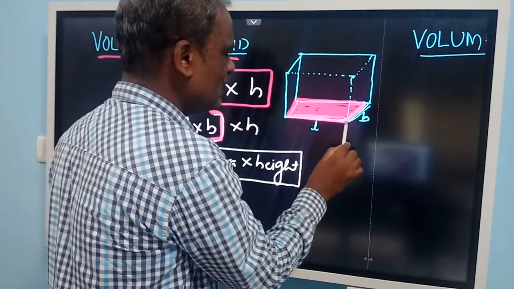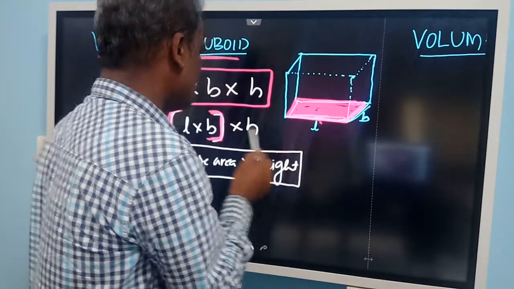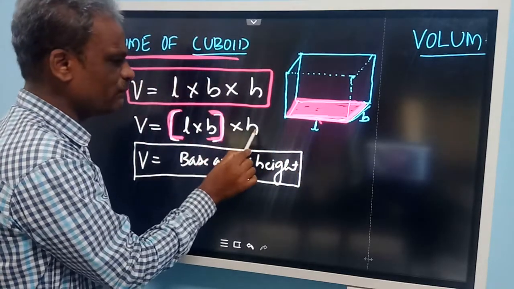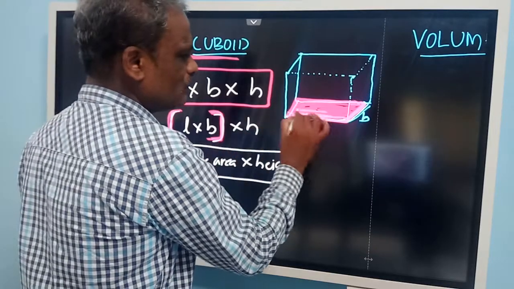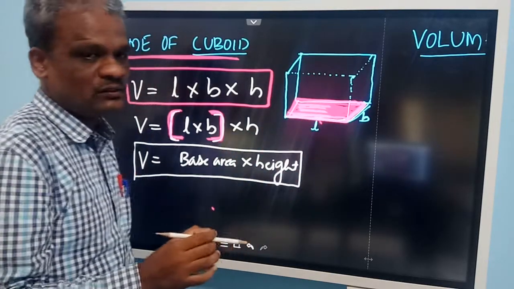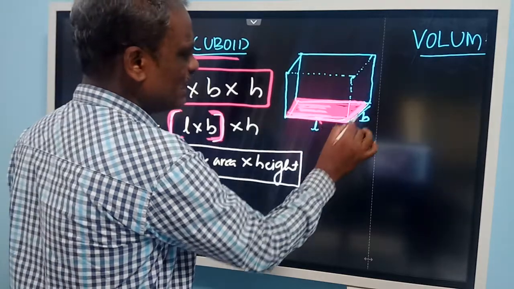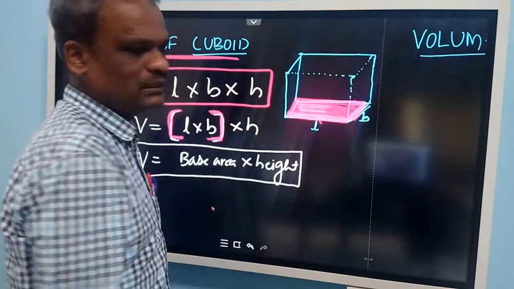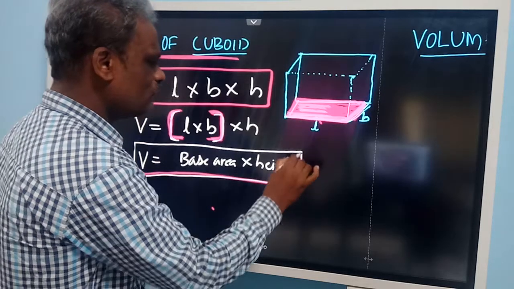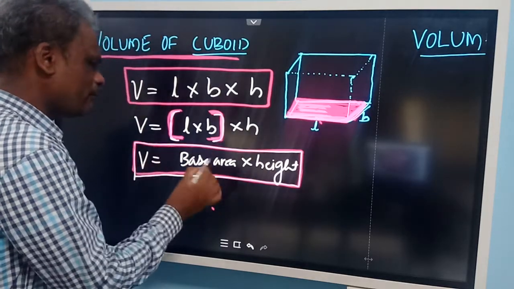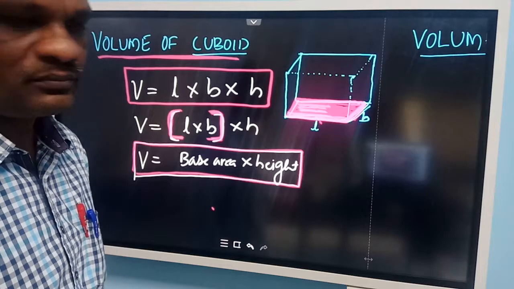Now this base area will give you L into B, and if you multiply the base area by height, you will get the volume. So for this cuboid, to find the volume, first you find the base area and then multiply by its height. So volume of cuboid can be written as base area into height also.